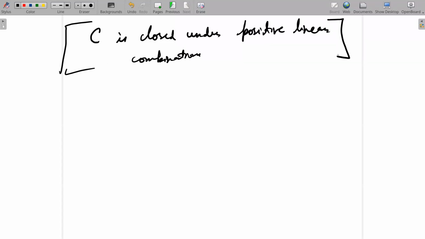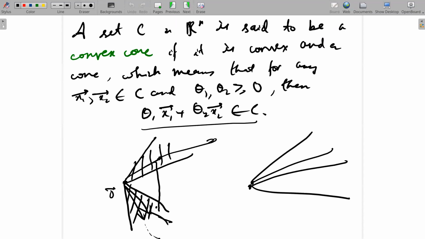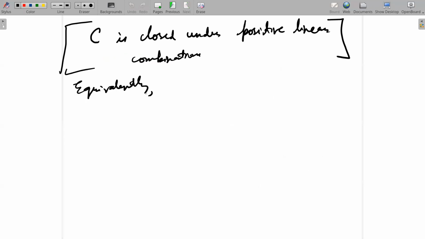Okay. And again, equivalently, you can see just writing out what this means. So remember, in the previous definition, we had just taken theta 1 and theta 2. But we can, in fact, just by induction, show that I can expand it by saying, okay, I can take theta 1 to theta k, and x1 to xk, and the same result will hold.